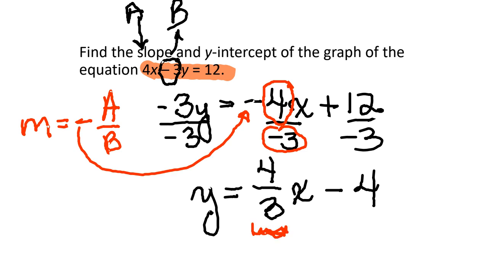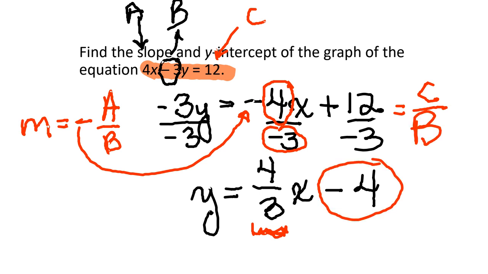And if I took my 12, which is c, this is c over b. Well, notice c over b, when I have numbers, is negative 4, which means my y-intercept was 0, negative 4, c over b.